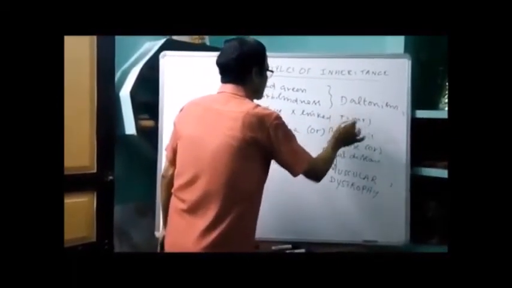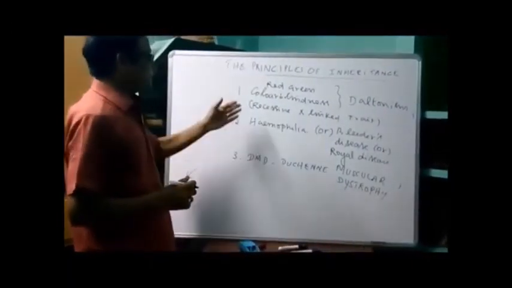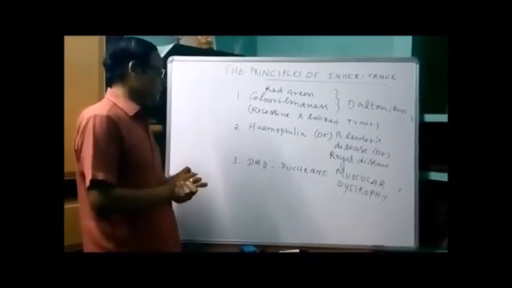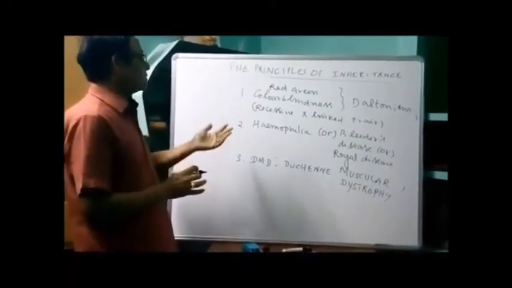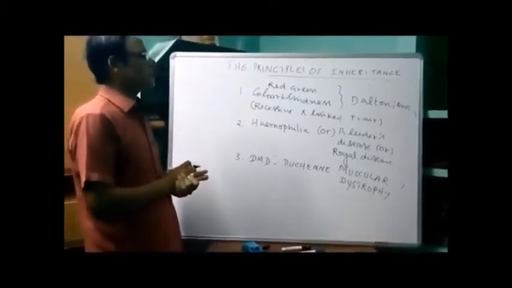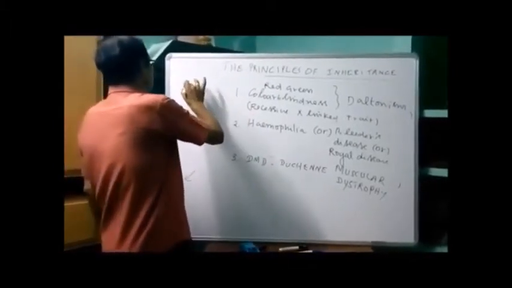When the gene is present in recessive form, it results in color blindness or hemophilia or we have DMD. In addition to that one, we also have some more diseases. For example, hydrocephalus, another disease.